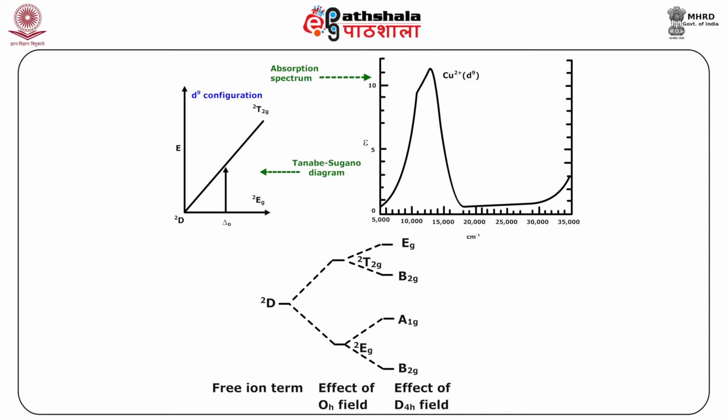The lower energy state is doublet E and the higher one is doublet T, which get further split up into singlet and doublet states under the effect of the D4h field. A single absorption band in case of octahedral symmetry is further split up into two when the symmetry alters to D4h. This has been shown in the figure, which shows the Tanabe-Sugano diagram and the absorption spectrum for the d9 configuration.